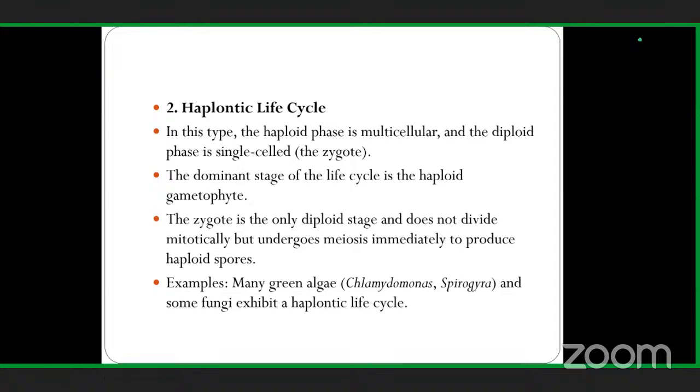The zygote is the only diploid stage and does not divide mitotically but undergoes meiosis immediately to produce haploid spores. After the formation of the zygote, it will undergo meiosis and produce the haploid spores again. So the diploid stage is for a short time only, but the haploid stage is longer. Examples are many green algae like Chlamydomonas, Spirogyra, and some fungi, which exhibit a haplontic life cycle.